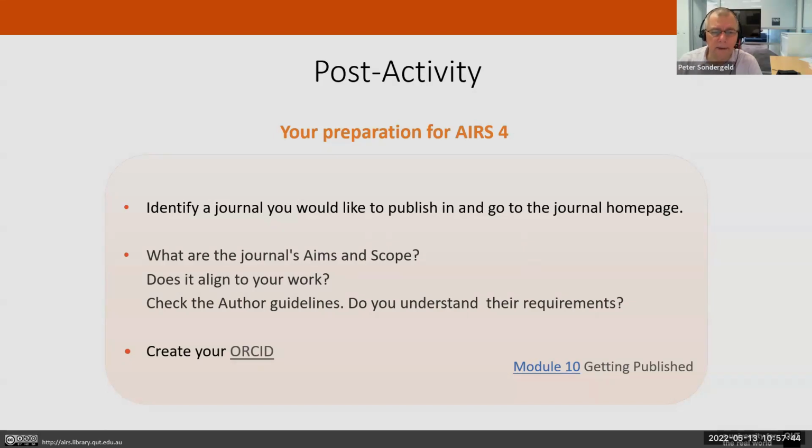Those things are important. The other thing we'd like you to do, if you haven't done so already, is to create your ORCID. So if you haven't come across ORCID before, it is an acronym, and I don't know if Cameron remembers it off the top of his head, but I can't remember exactly what ORCID stands for. But the important part is that it's a unique identifier for you.